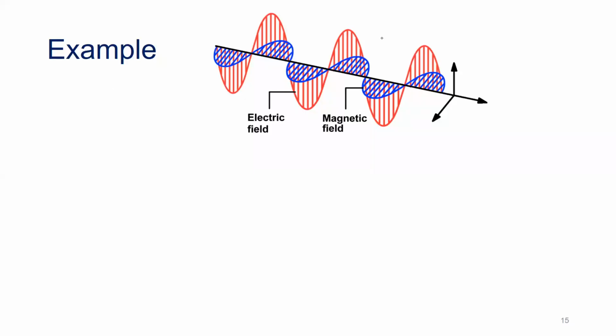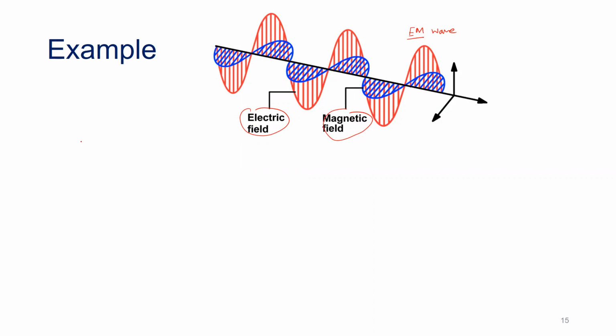Hello, so we are going to talk about an example in this slide. So this is an EM wave. You see the red is indicated by the electric field and the magnetic field is our blue color here.